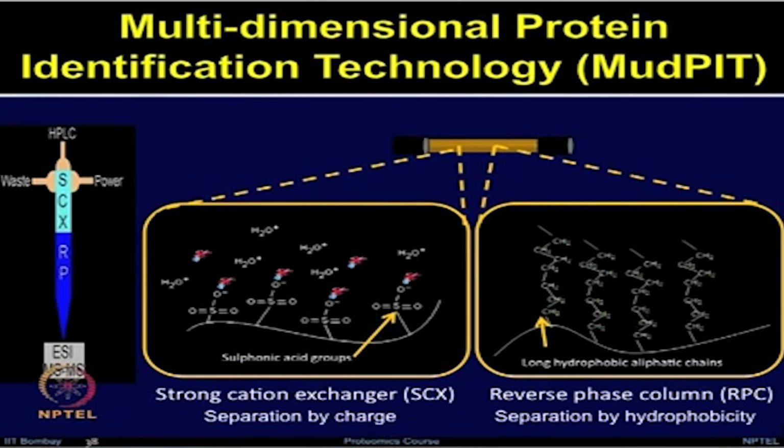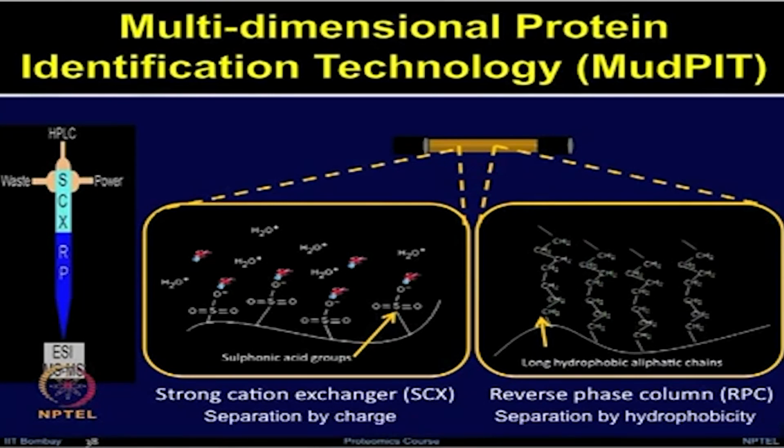The reverse phase, shown on the right side, is based on the hydrophobic interactions between analyte and the stationary phase. The elution can be brought about by modifying the mobile phase polarity.